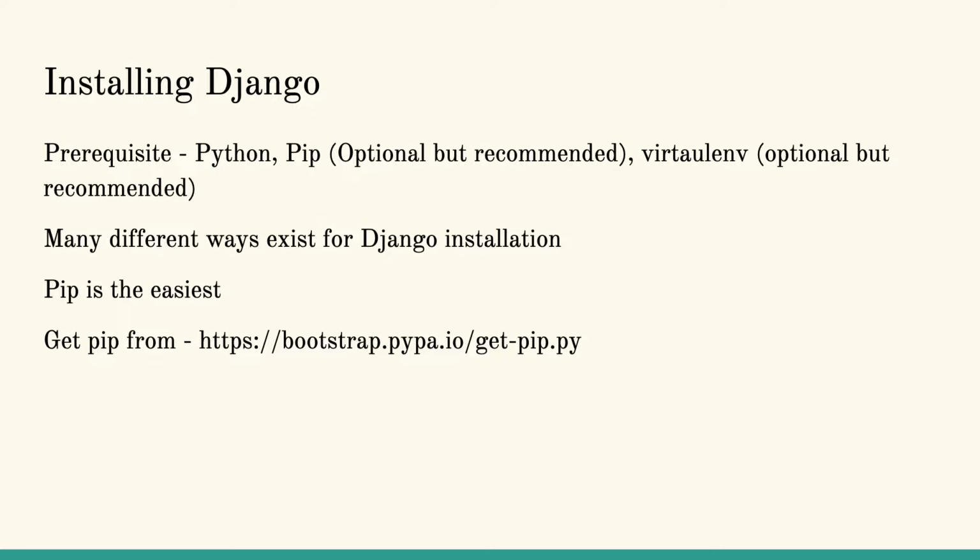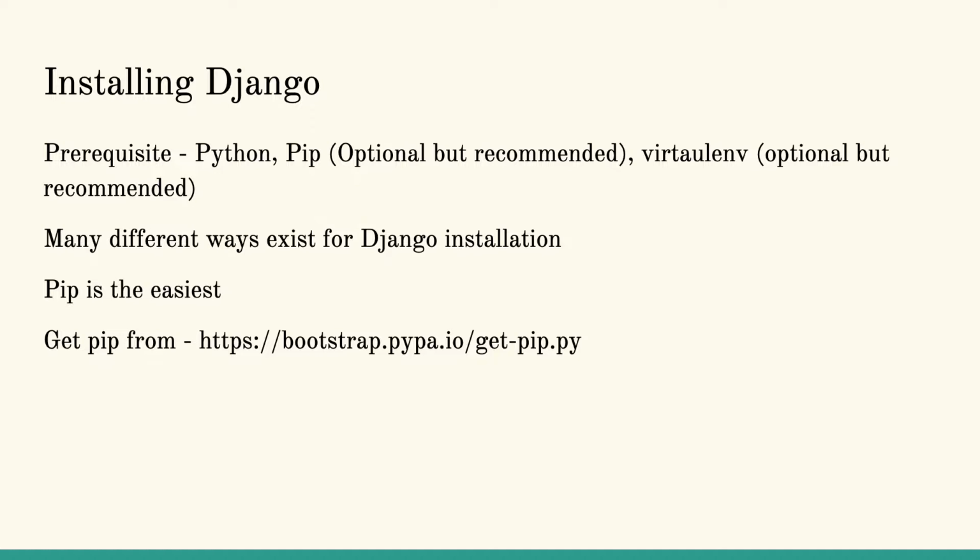If you go to python.org, you can download the Python version for your operating system, or sometimes if you're using a Linux based distribution, you might be able to install it using your package manager, or sometimes you might already have it even without doing anything. And pip is a Python package manager.